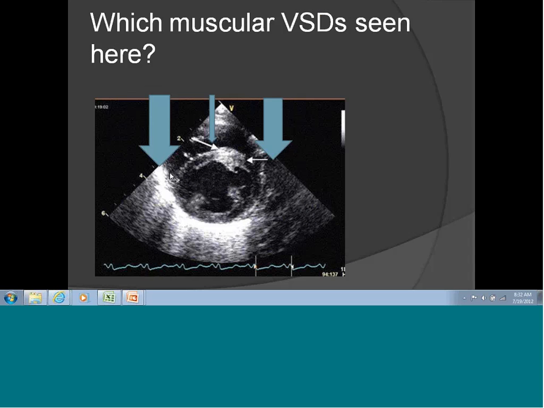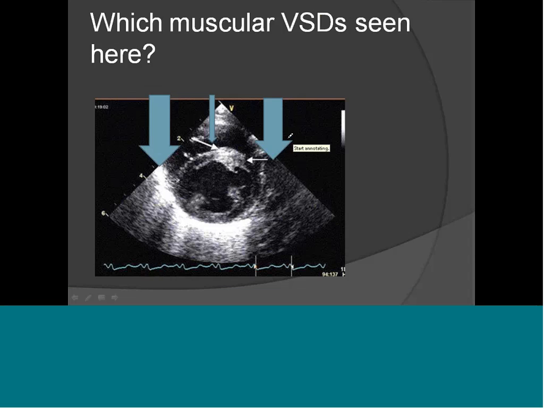Sorry, did it disappear? Which one is the one on the left? Left of the screen. Posterior. The one in the middle is what? Mid, and the one on the right is what? So what is this VSD?